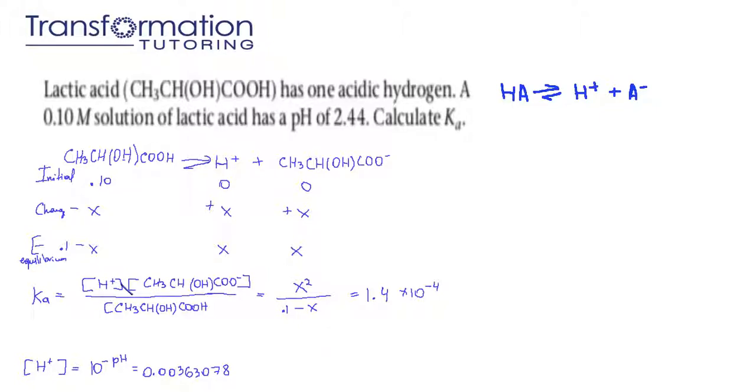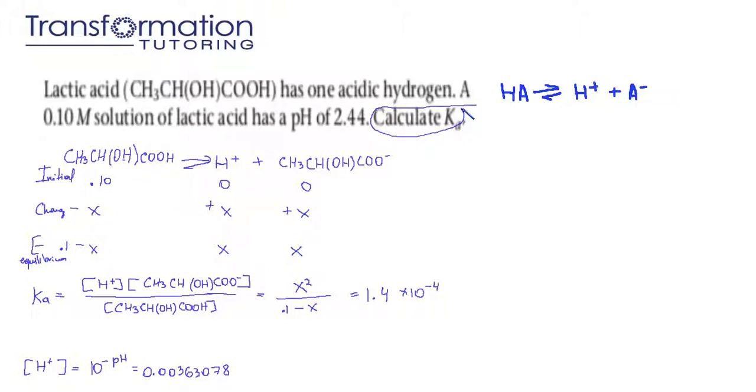Brackets means concentration of H plus times the concentration of the conjugate base over the concentration of the acid, and these are equilibrium concentrations, so we can put our equilibrium values instead of them, and we will get X for H plus times X for the conjugate base, so X squared, divided by 0.1 minus X, which is the concentration of the acid at equilibrium. We do not know these values yet. The question is asking to calculate Ka.